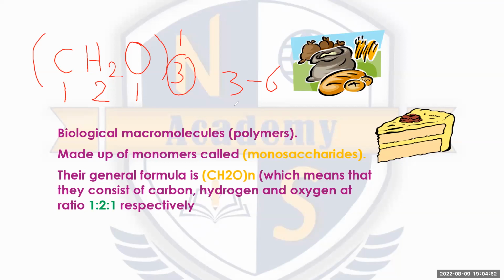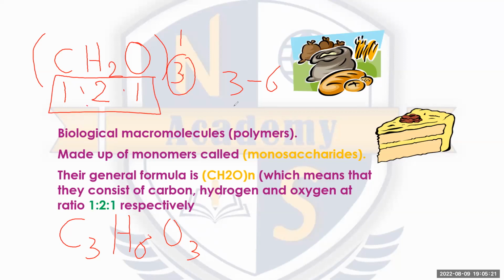When n is 3, the formula will be C3, H6, O3. If we simplify these numbers, it gives us the same ratio, 1 to 2 to 1, right?